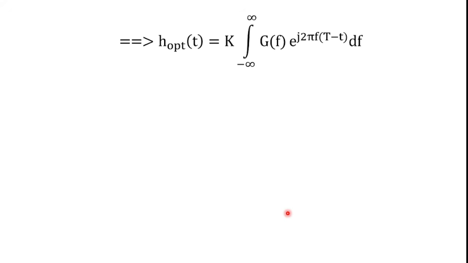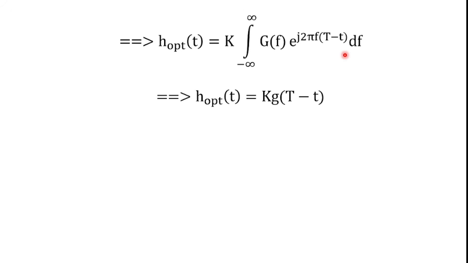So using the definition of inverse Fourier transform, the RHS term of this integral can be written as, and what is the definition of the inverse Fourier transform? F inverse of a frequency domain function is equal to the integral from minus infinity to infinity of the frequency domain function into e power j 2 pi ft df. So that is the inverse Fourier transform definition. Using that definition, the RHS term of this integral is G of capital T minus small t.